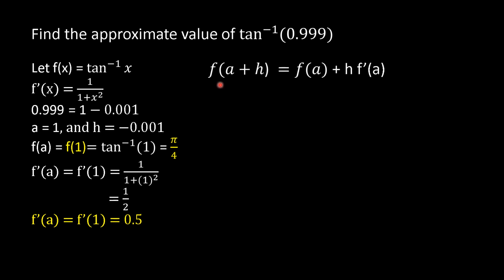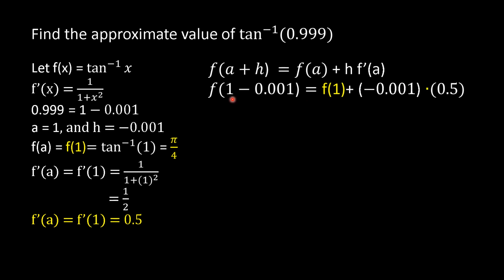Now we apply the estimation formula f of a plus h equals f(a) plus h f dash a. We will substitute the values. We get f of 0.999 equals f of 1, which is pi by 4, and the product of minus 0.001 multiplied by 0.5 is minus 0.00050.